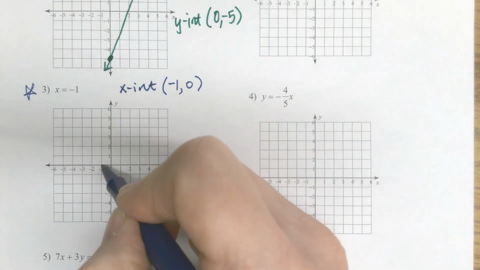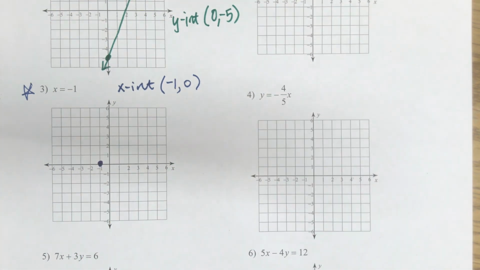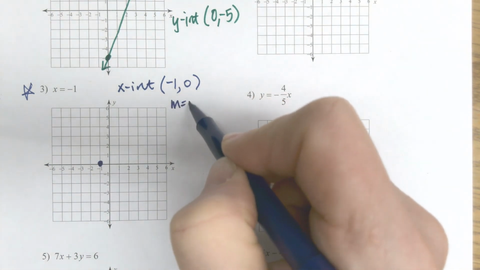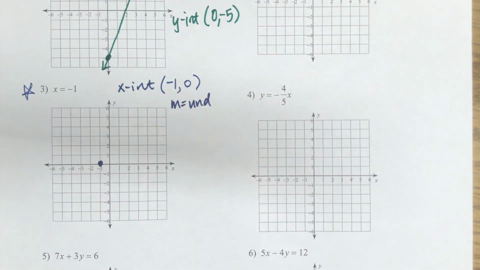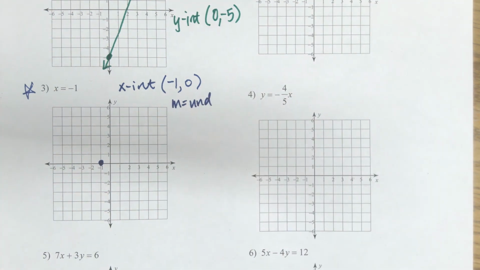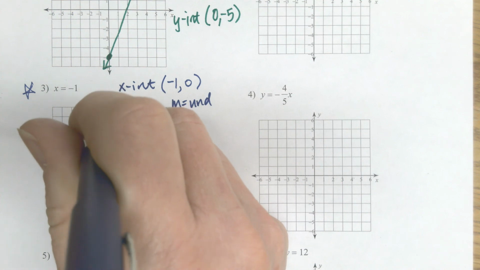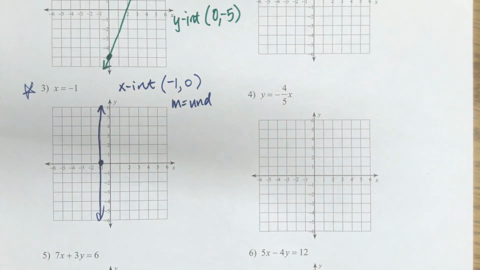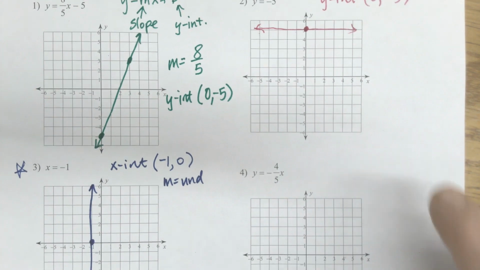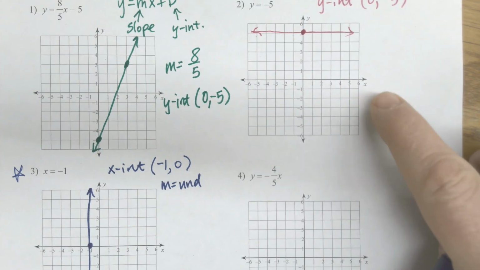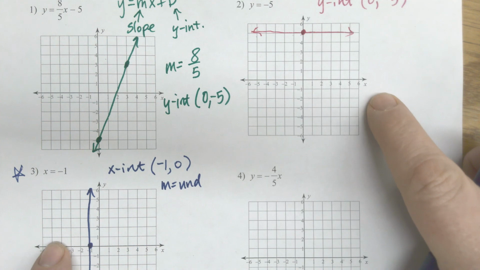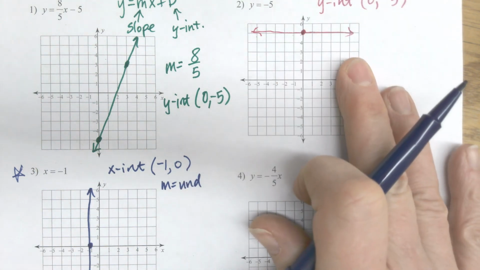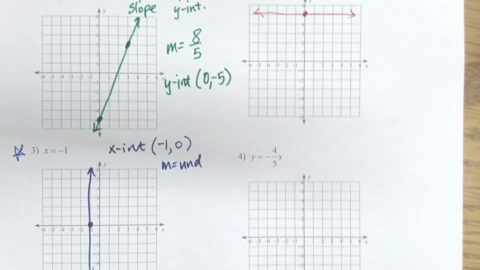That means it crosses the x-axis at -1. That means my slope is undefined because I don't even have a y. And so when I graph that, it's just this straight up and down line that crosses the x-axis. Again, these are two special cases, y equals and x equals. Y equals is a slope of 0, x equals is a slope that's undefined.